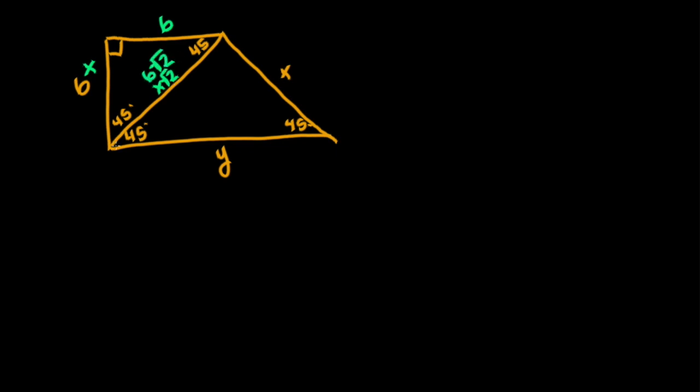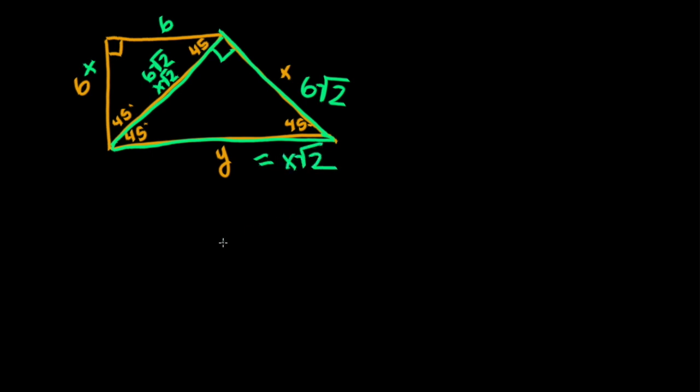So now if we look at this triangle, we can see that that highlighted leg and that one are equivalent to each other since it's a 45-45. So we know that this side over here is also 6 times the square root of 2. Now finally, all we need to do is find our y value. And in this big triangle right here, the y value is opposite the right angle up there, which is going to make the y value equal to x times the square root of 2.